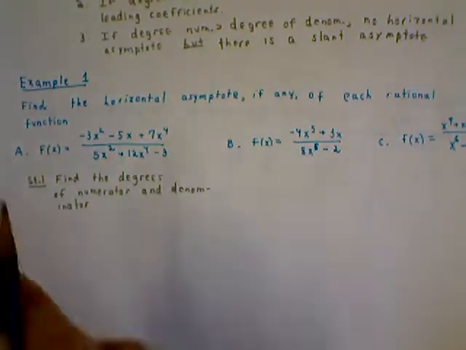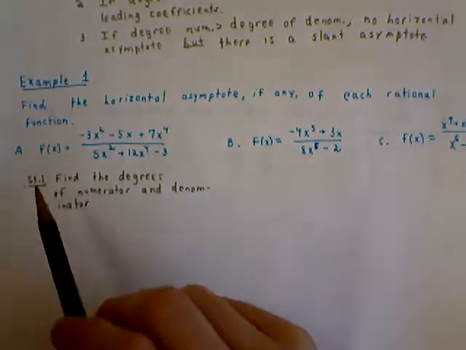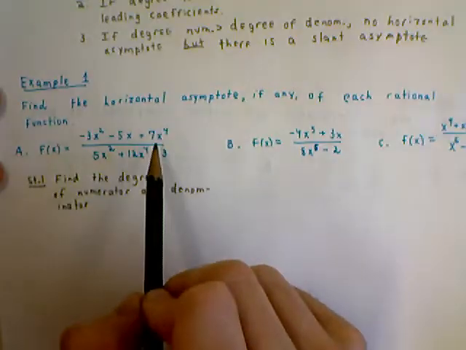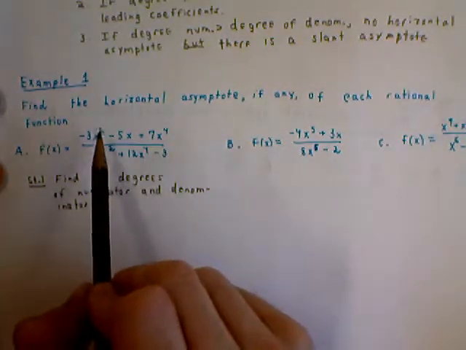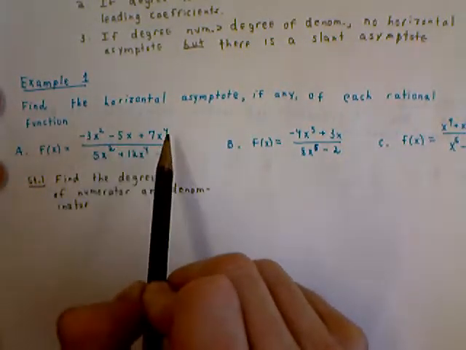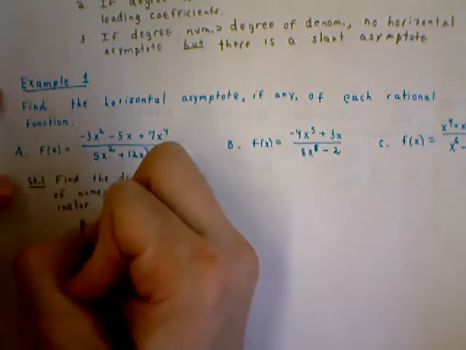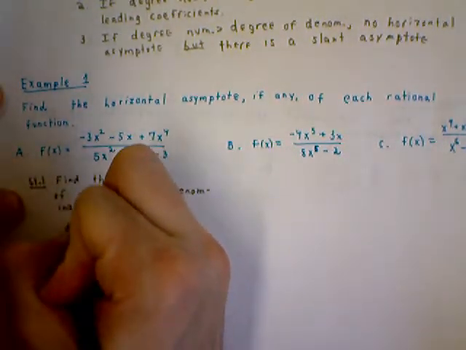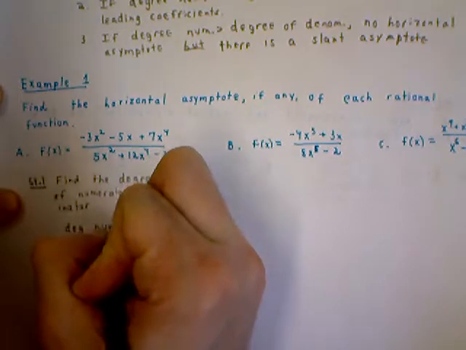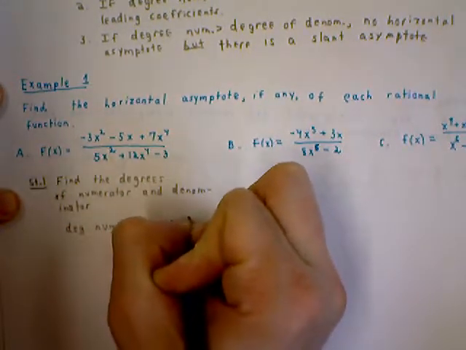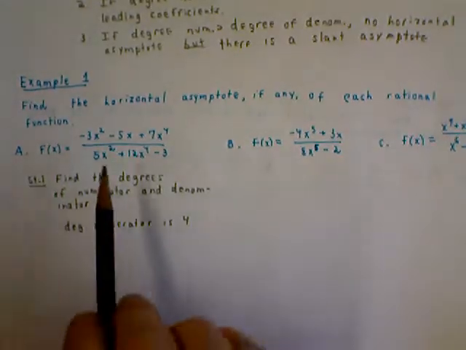Now, okay, so I'm looking at this rational function. I see in the numerator I have negative 3x squared minus 5x plus 7x to the 4th. You can't just look in the front. You have to find the highest exponent you see. So I see the degree of the numerator is 4. All right, now let's look at the denominator.